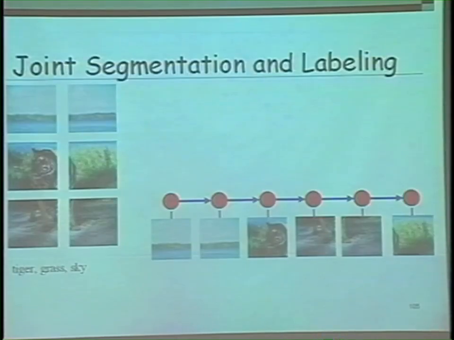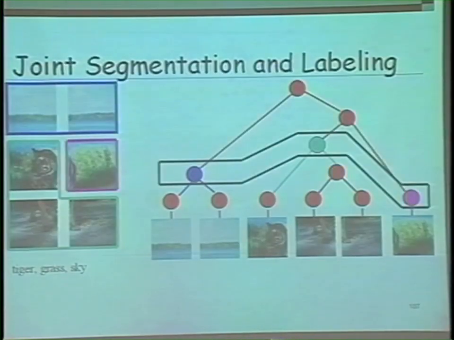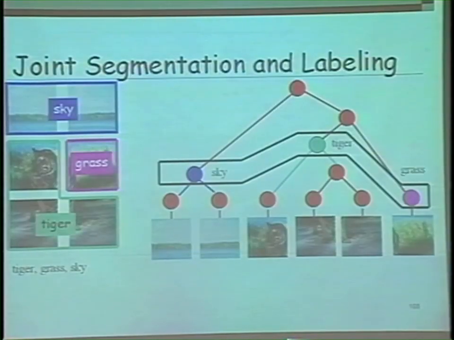So what we're going to do, the first step, is a hierarchical bottom-up agglomerative clustering based on visual similarity. So we get a hierarchy of similarities. Next we take a possible cut through the tree, which gives us a valid segmentation over the image. And then we label the segments.